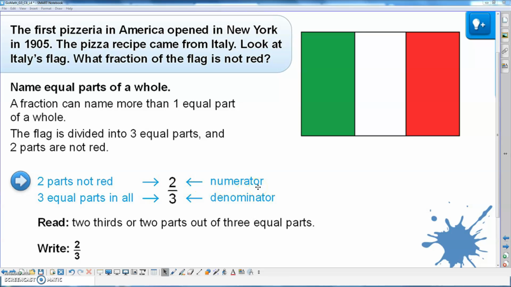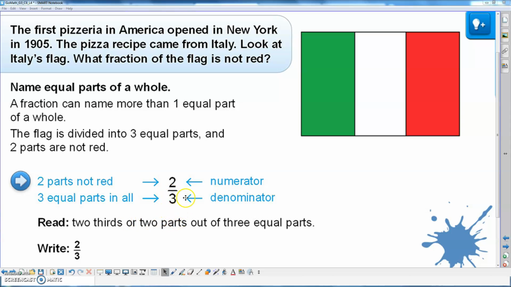We talked about this before, but that number on the top is called the numerator. So the numerator tells us how many pieces we're talking about. In this case, 2 pieces that are not red. That bottom number tells us how many pieces there are in the whole. So in the whole flag, there are 3 equal parts.